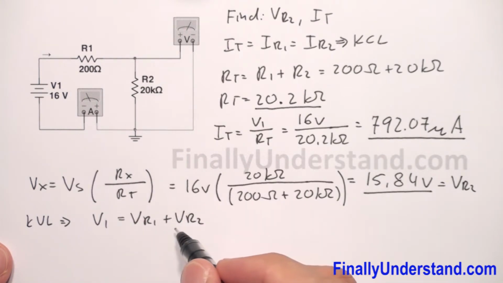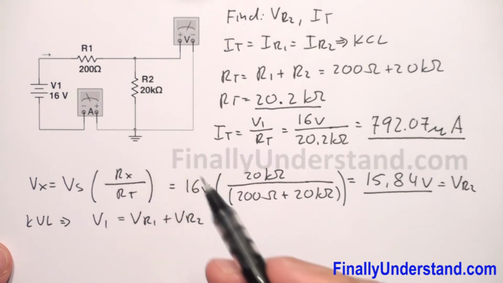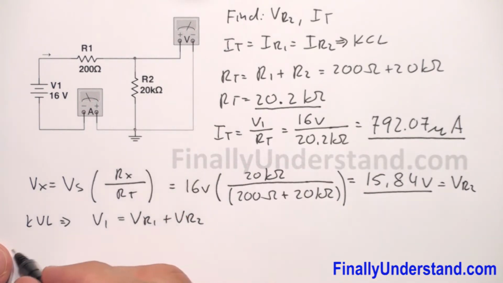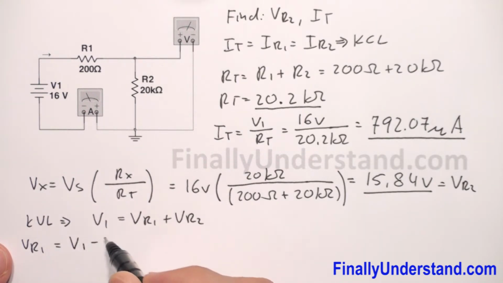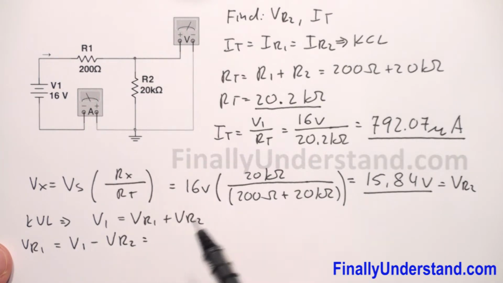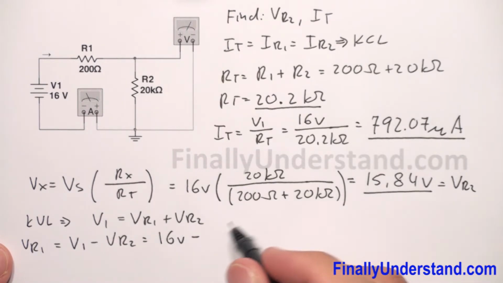This is KVL for the series circuit. So in order to find VR1, I simply write that VR1 is equal to V1 minus VR2. V1 is 16 volts minus VR2.